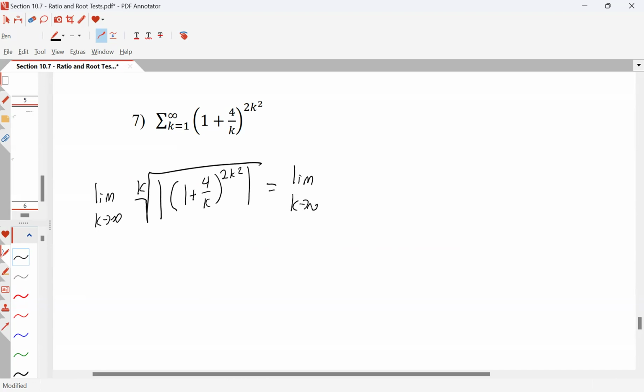Remember, this kth root means we're taking 1 plus 4 over k to the 2k squared and raising it to the 1 over k power. And we can pass exponents in and out of absolute values. We actually don't need the absolute value here, as there's nothing to make this negative.